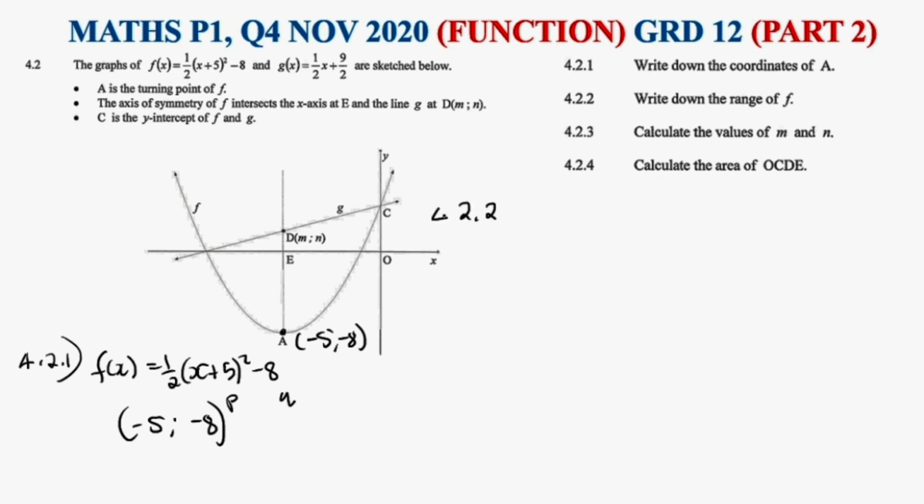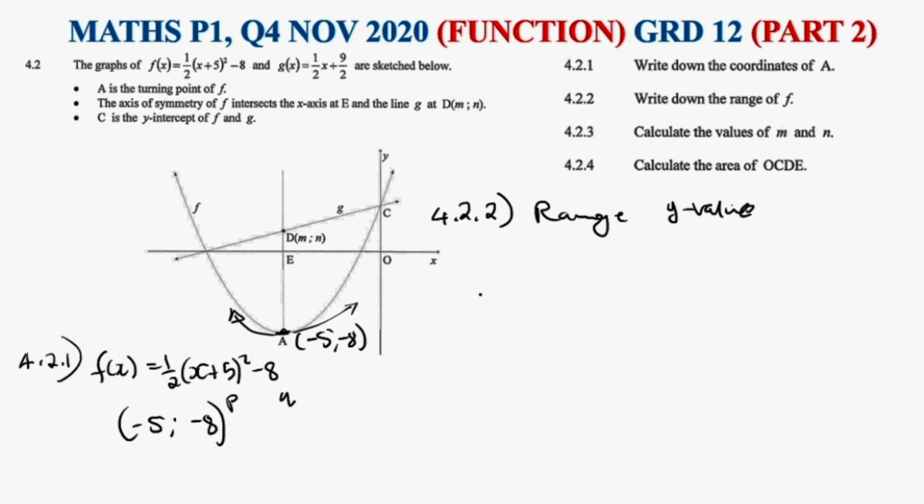4.2.2: what is the range? The range, they are referring to the y values. So what is the range of these y values here in this equation? Let's have a look at it. This graph starts from here and then goes up this side to infinity, and up that side to infinity.